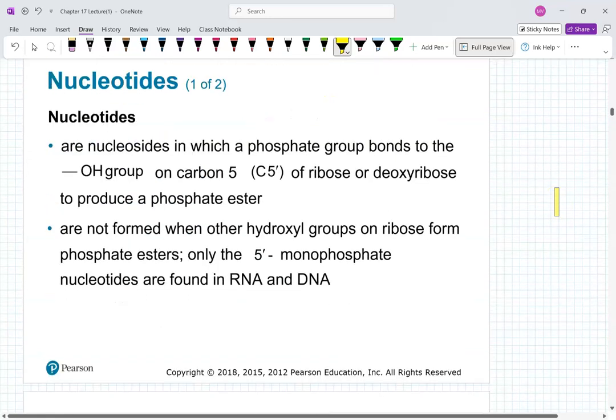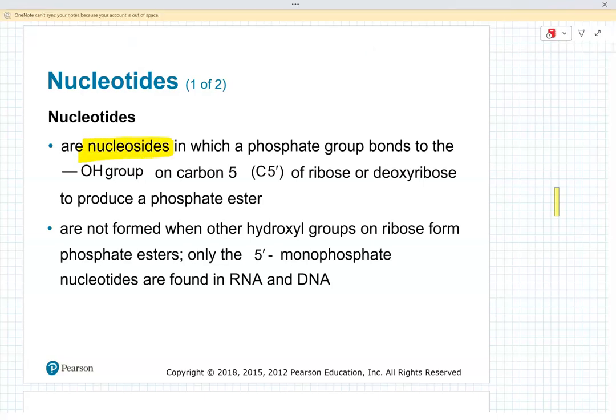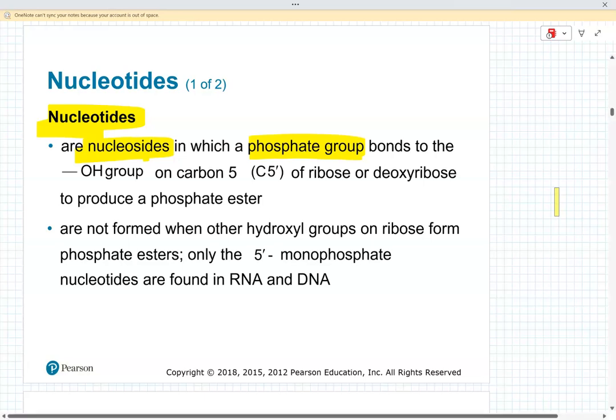When you combine a nucleoside with a phosphate group, you produce a nucleotide. In our particular case, the phosphate group binds to the 5' carbon of either ribose or deoxyribose. Okay? And it's really important.